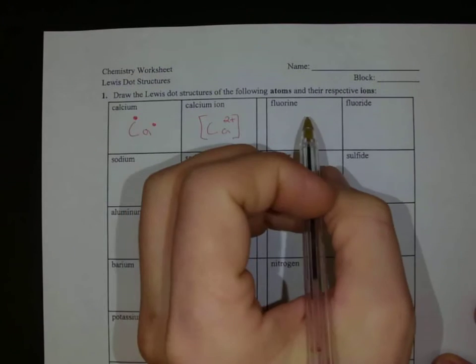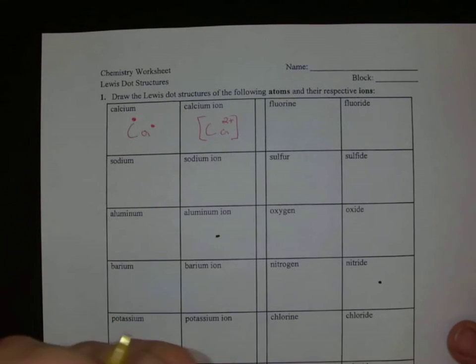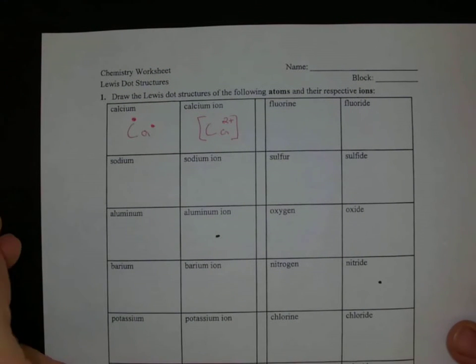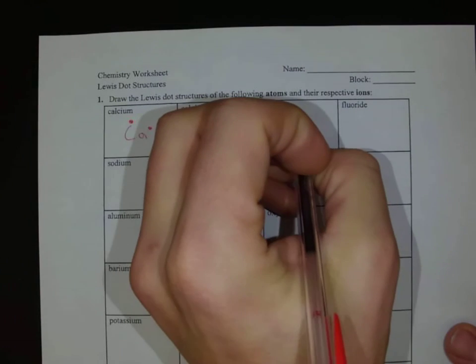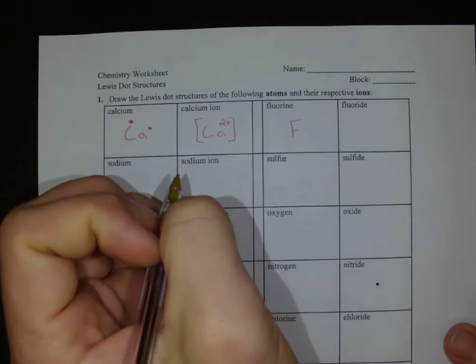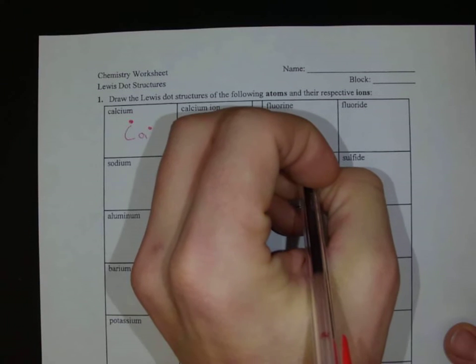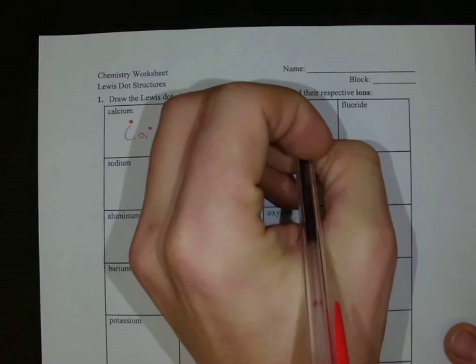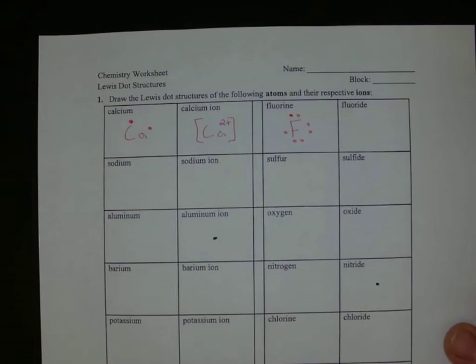I can also do this for our anions, our nonmetals, such as fluorine. If I were to draw the Lewis dot structure of fluorine as an atom, I would have 7 dots around it, because it has 7 valence electrons. It is in the 17th column.